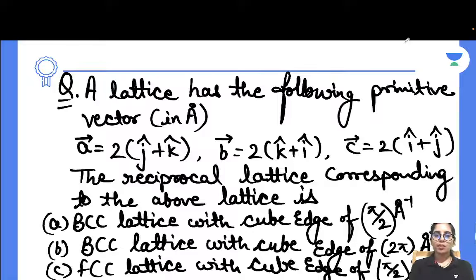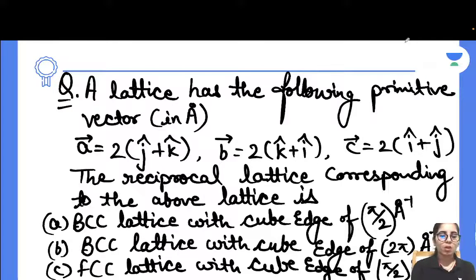When we find the vector capital A for the reciprocal lattice, you will have 2 pi b cross c divided by a dot b cross c. And for B, it will be 2 pi c cross a divided by a dot b cross c.